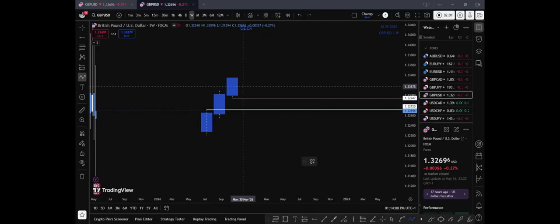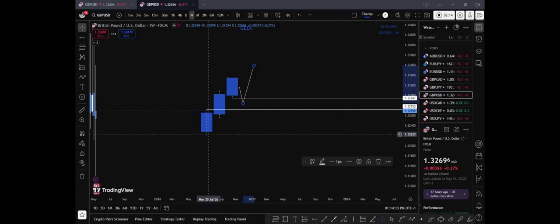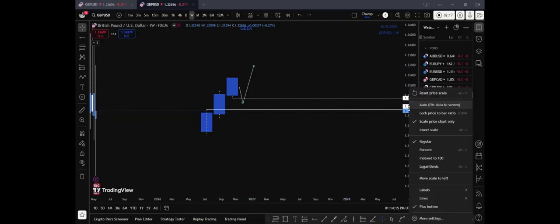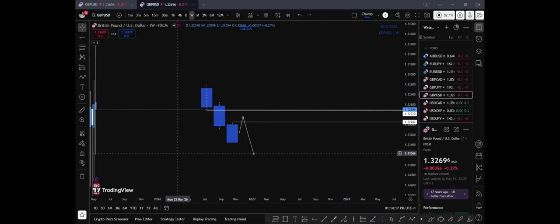Price will have to come back into the fair value gap to refill and then expand back toward its favored buyers, which will be higher above in a scenario like this. If we invert the scales, you will notice that the opposite is true for a bearish scenario.